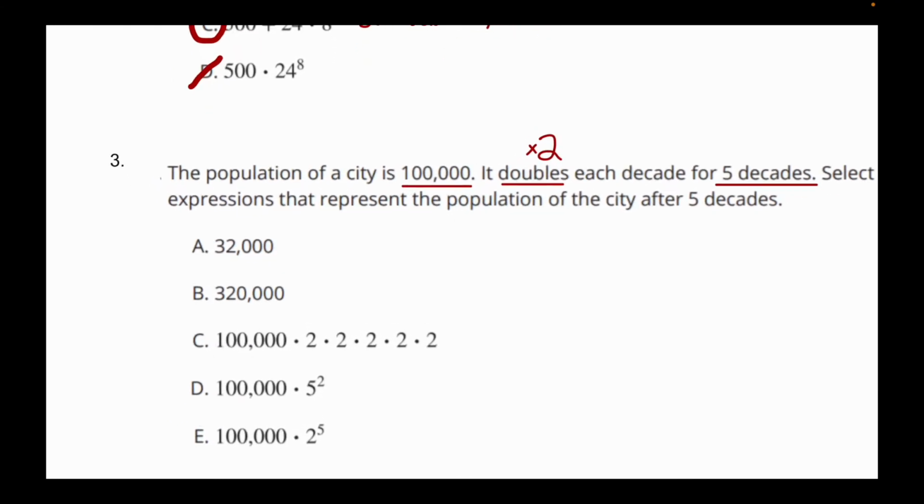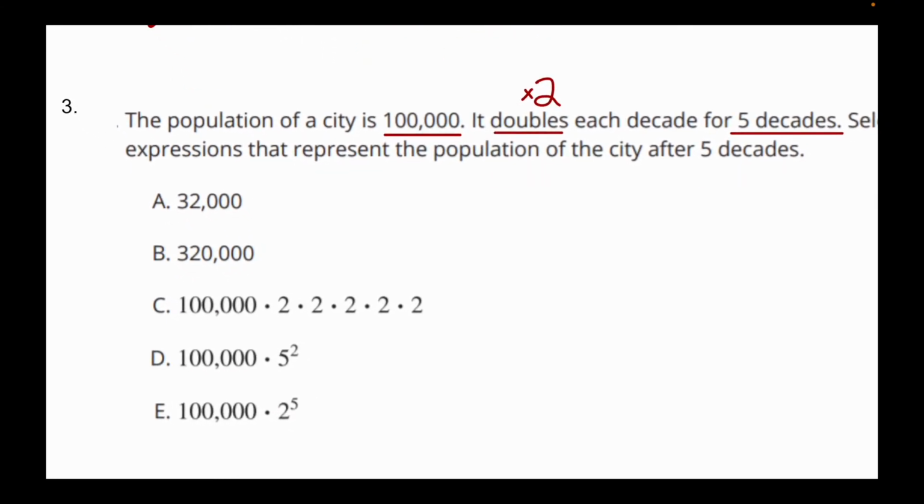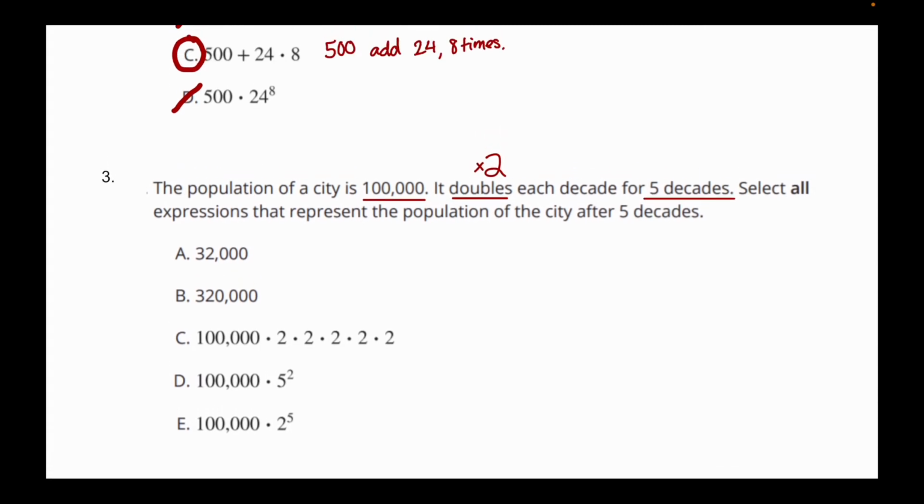If we're doubling repeatedly, that is actually going to be multiplying. Unlike the previous one where we were adding stuff multiple times, we're multiplying a bunch here. The first thing I see is that option C is correct, but there are multiple correct answers here.